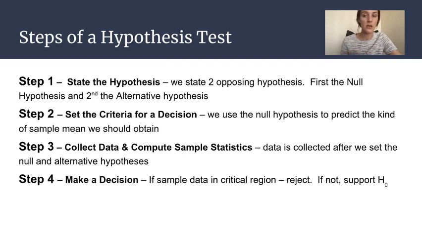And then we're going to compute a sample statistic. What we're going to do today is not much unlike what we've already been doing with z-scores, except we're using an entire sample instead of a single score when we do our calculation for z. And then the last thing we want to do is make a decision, right? The decision revolves around the null hypothesis.